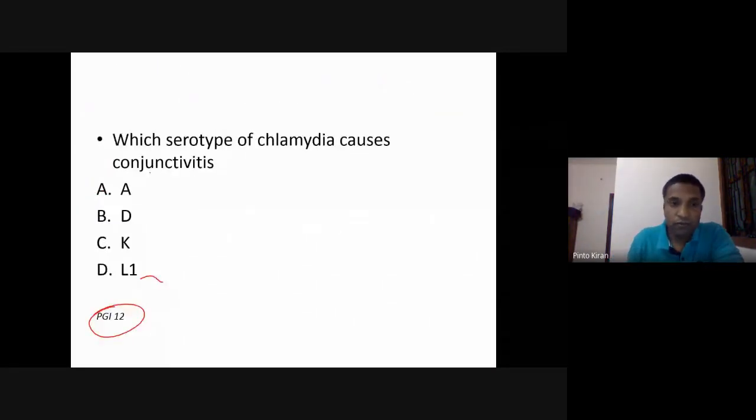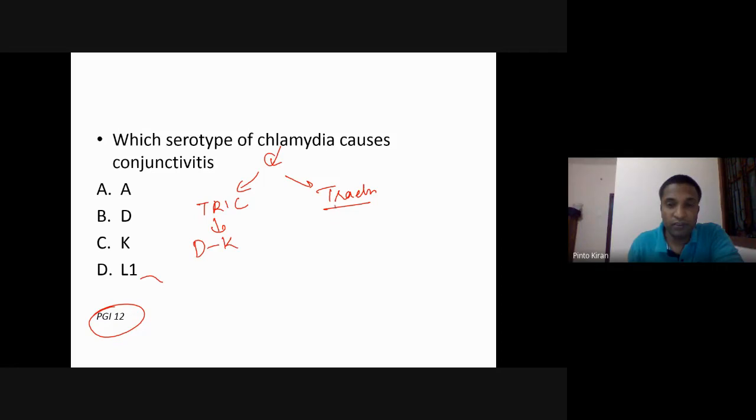So you have trachoma from chlamydial infection. The trick is, D to K serotypes cause genital and inclusion infections. Trachoma is because of A, B, C, and you have something known as LGV, lymphogranuloma venereum.